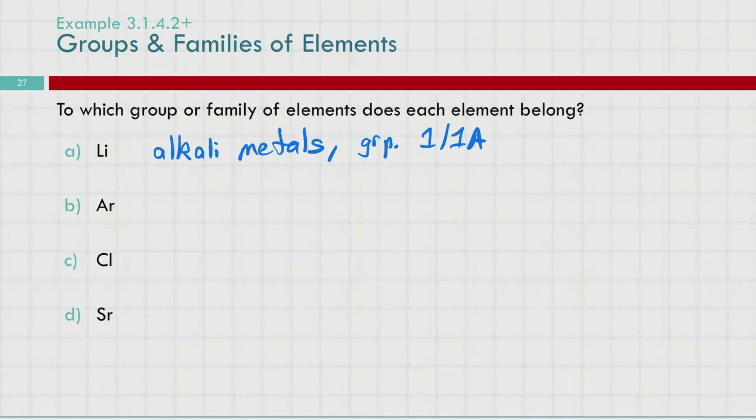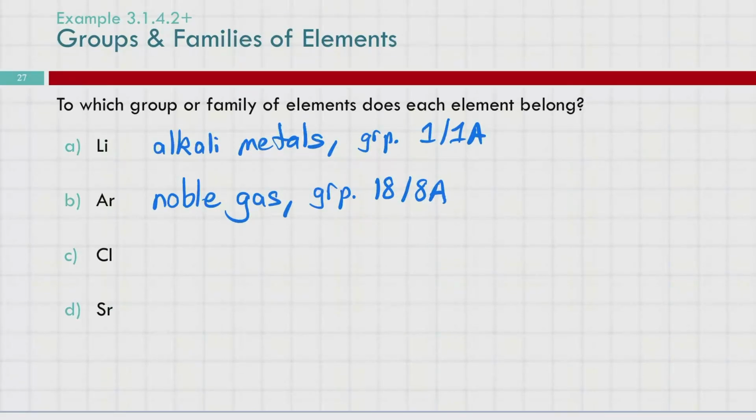How about Ar? Ar is all the way on the right side. It's in our noble gas family, our non-reactive group. So this would be group 18, or if we're using that A designation, it's 8A. It's the 8th column in our main group.